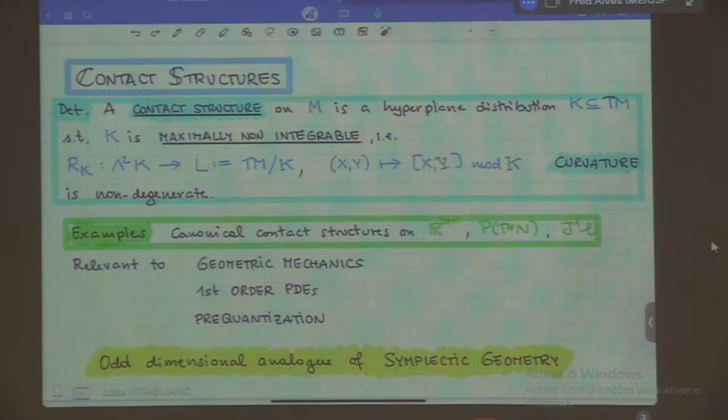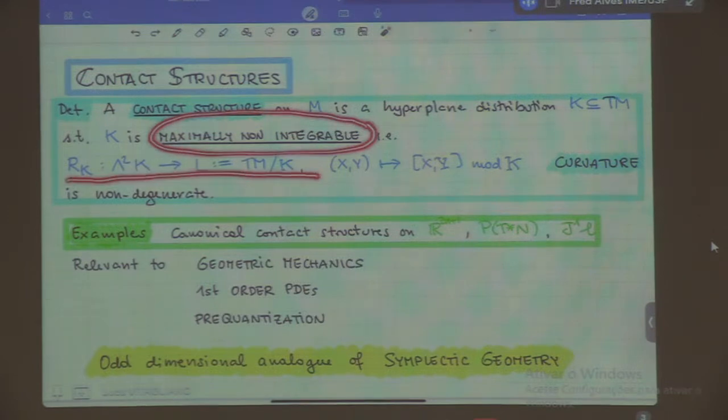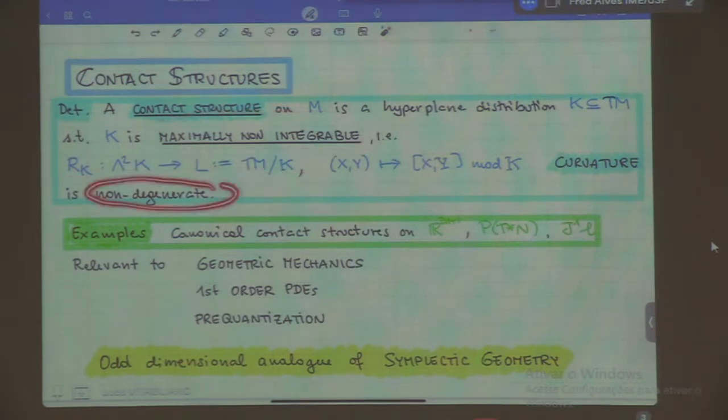It's clear from the definition that this is an obstruction to the involutiveness of the distribution. It's then natural to define the distribution to be maximally non-integrable if this two-form is non-degenerate. That's a contact structure.